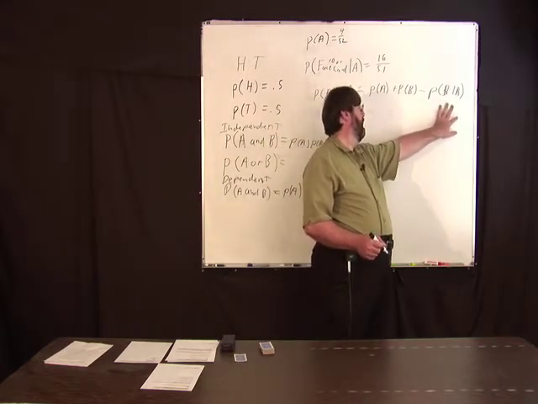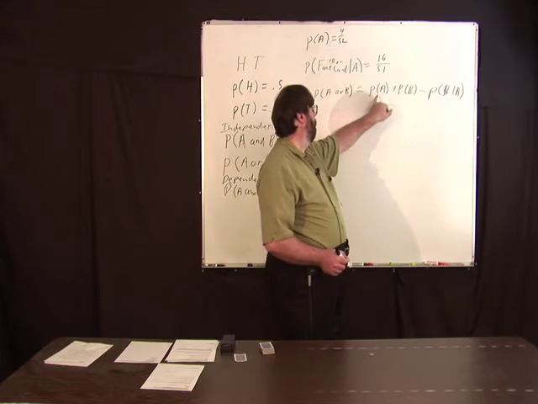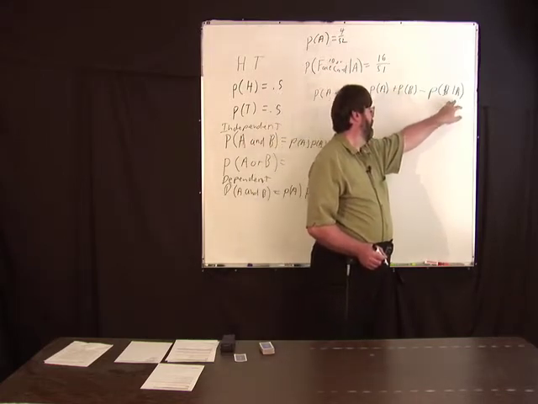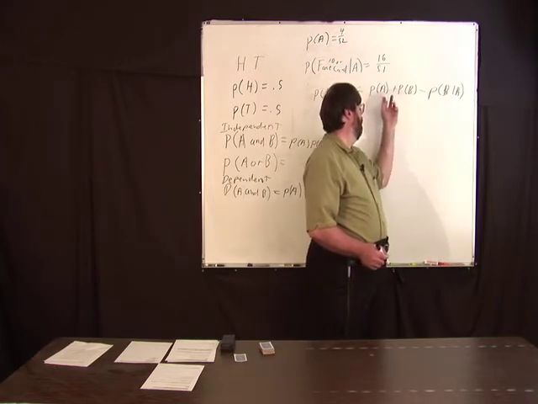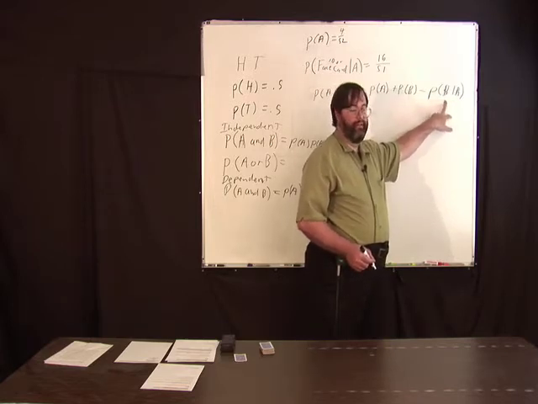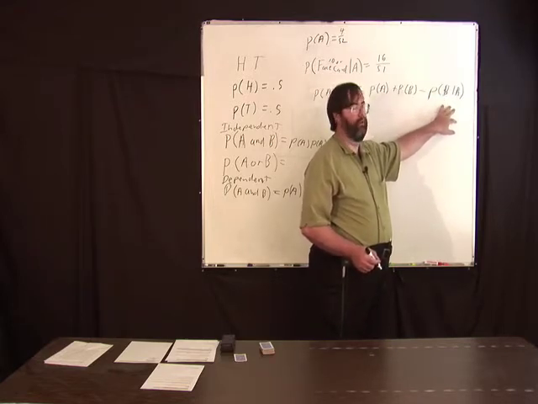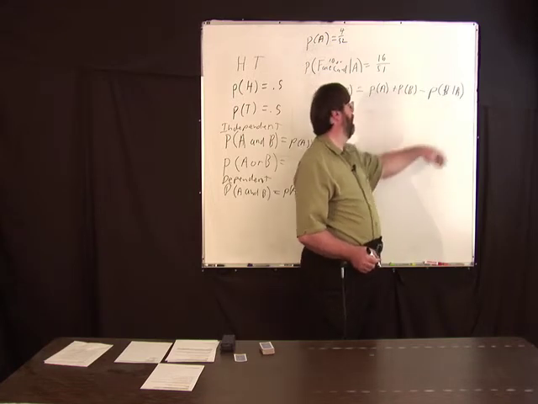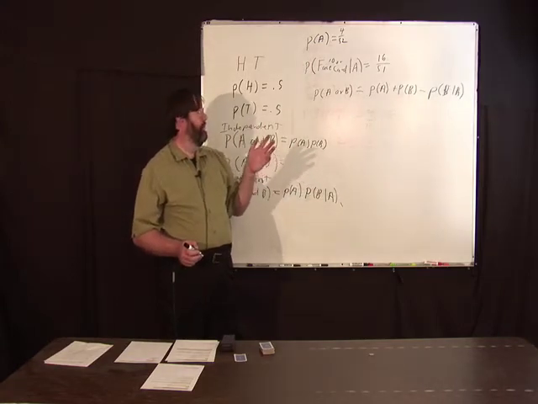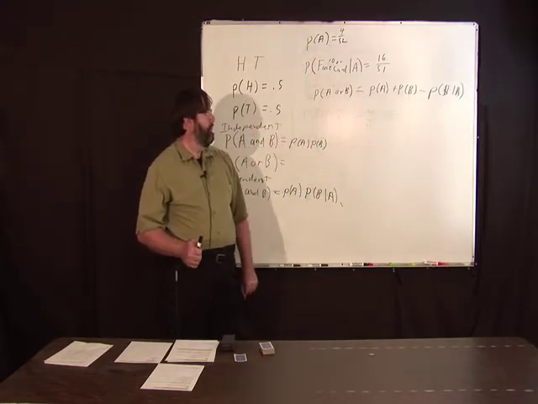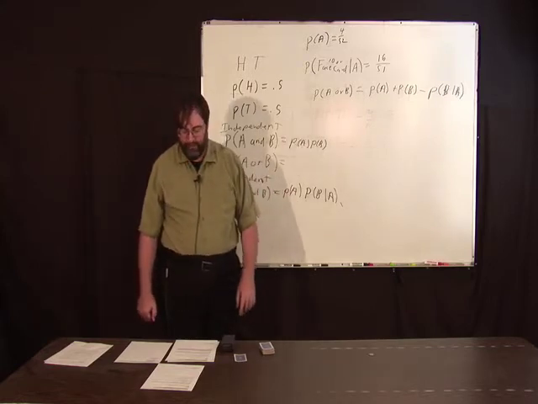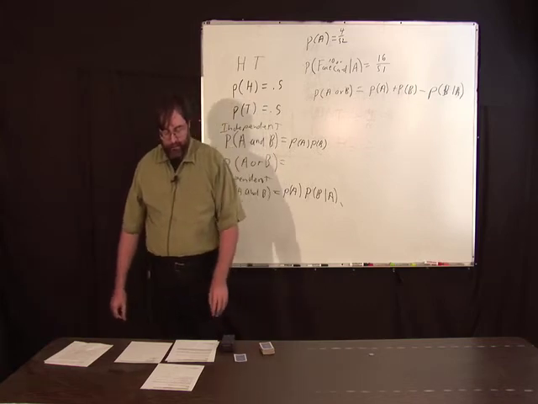Given an ace of spades was drawn, this probability is now 12 out of 52 of drawing a spade, with 1 out of 52 being what's left over. So you have one less chance of drawing a spade if you draw that ace of spades first. Okay.